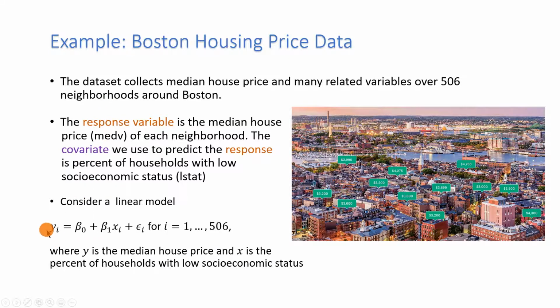And we want to fit the following model: yi equals beta 0 plus beta 1 times xi plus epsilon i, where beta 0 is the unknown intercept coefficient, beta 1 is the unknown slope coefficient, and epsilon i is the unknown approximation error. And we have this random sample observed over 506 data points.